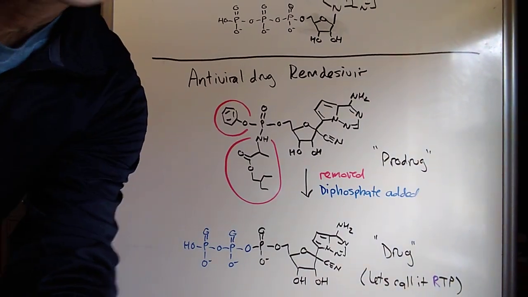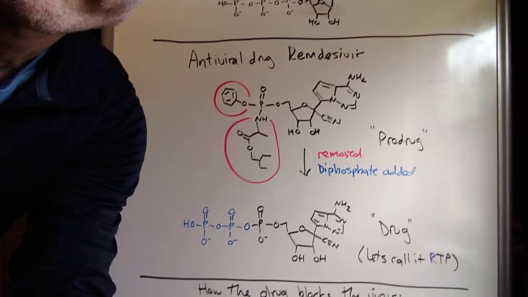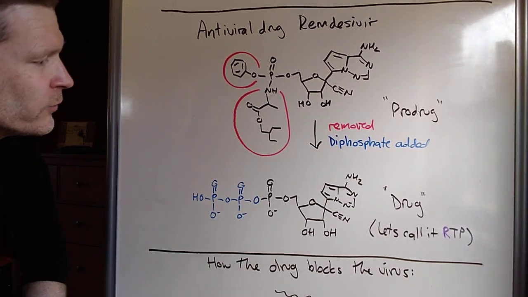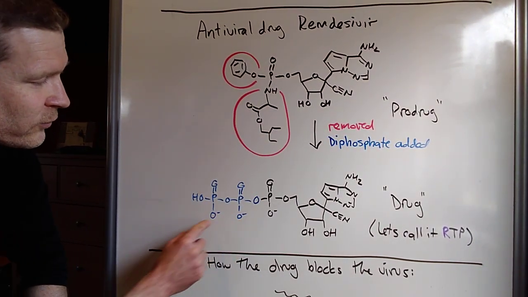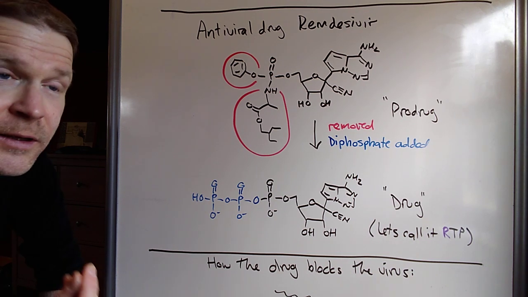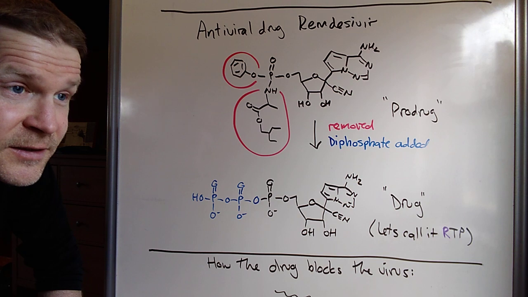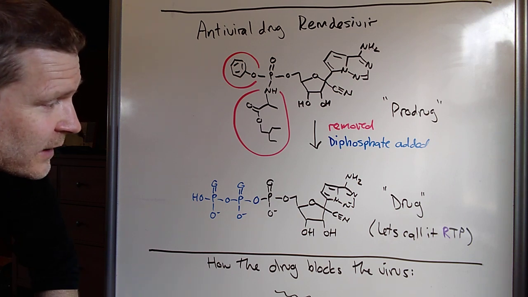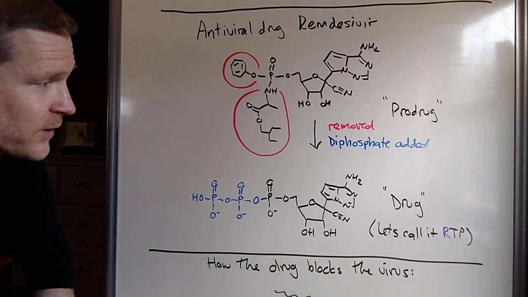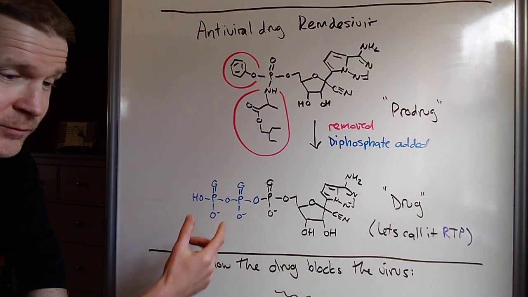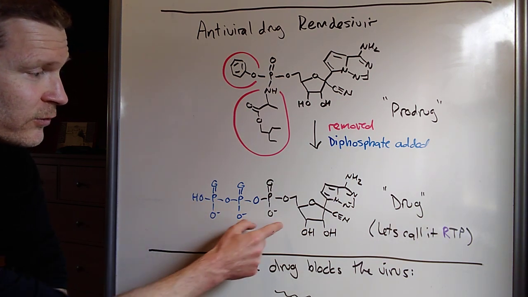It has to have those groups removed, and then it has to have two phosphates added, because the starting material for RNA synthesis is nucleotide triphosphates. So both of those things happen. These groups get removed, and then the cellular enzymes add two phosphates.